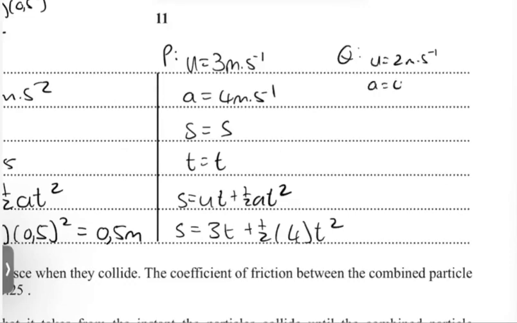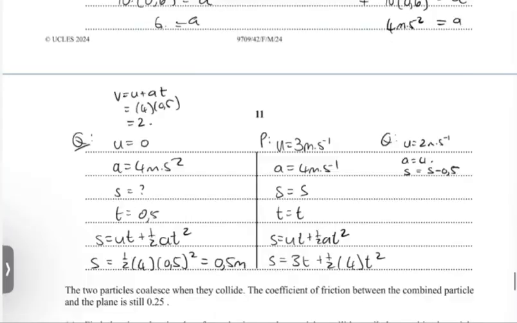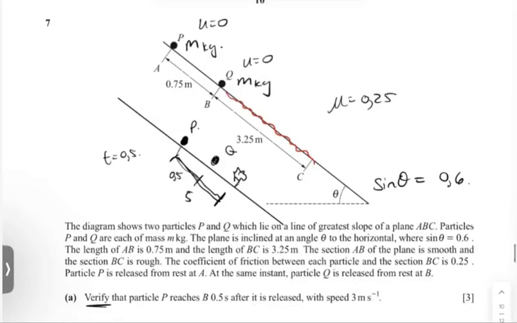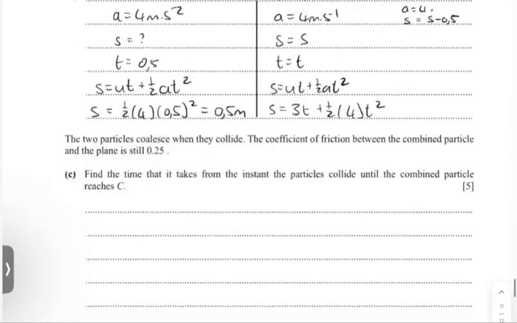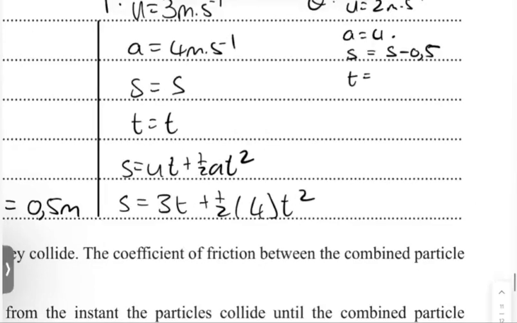It's now accelerating also at 4. It is going to have a distance of s minus 0.5. So it doesn't have to go that extra. So it's s and then minus the 0.5. It doesn't have to travel that part. So as long as you can make them relatable to each other.